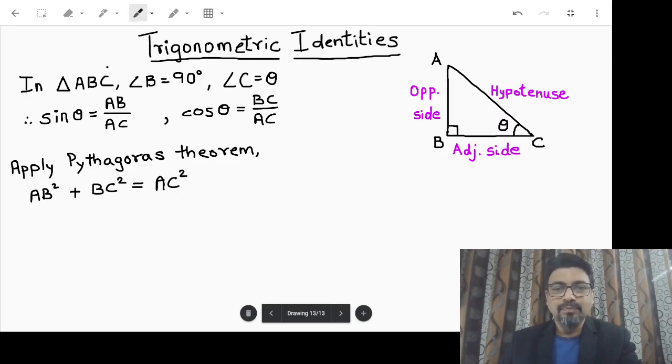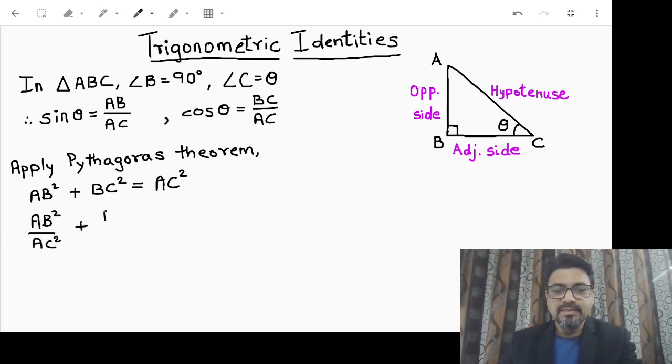Let's write that down. So I have AB square upon AC square plus BC square upon AC square, and on the right side also I divide AC square by AC square.